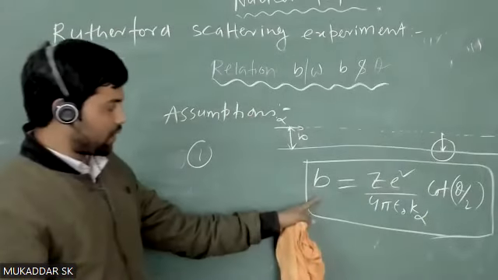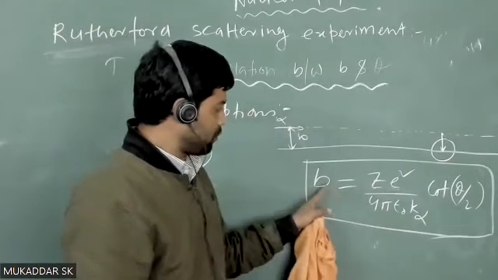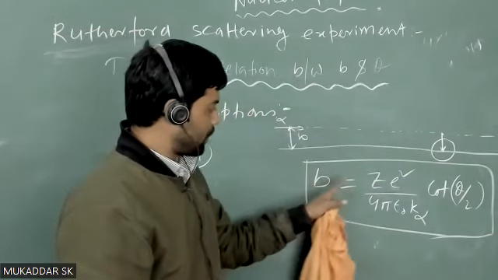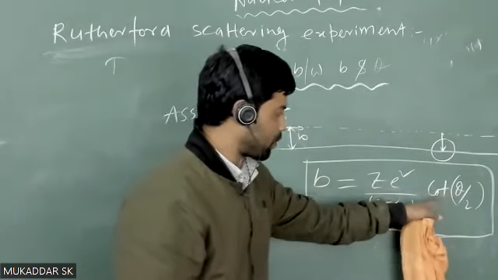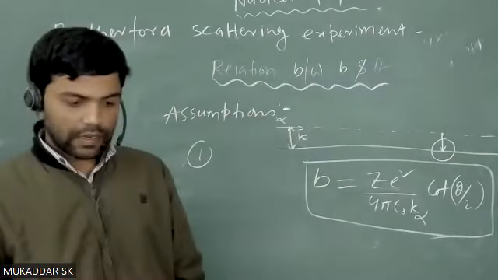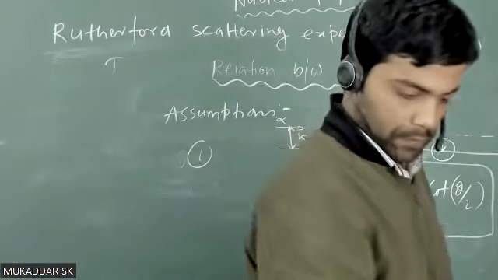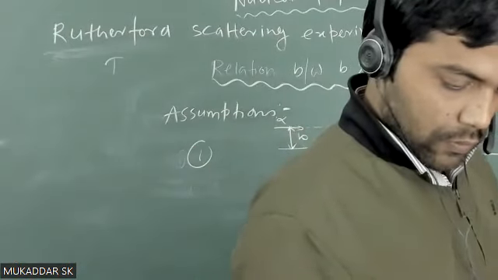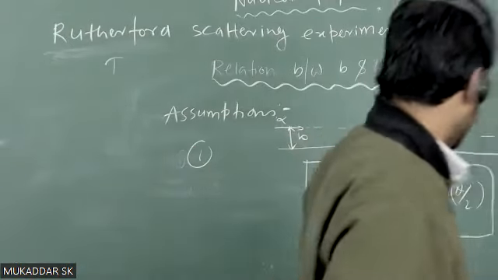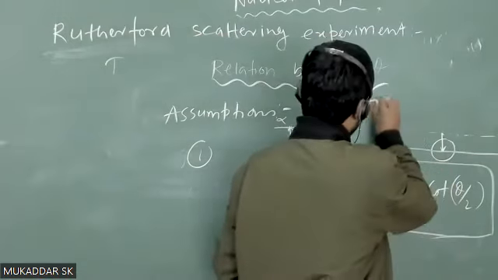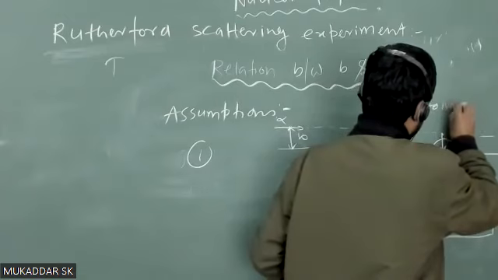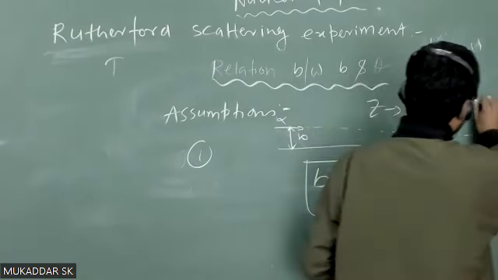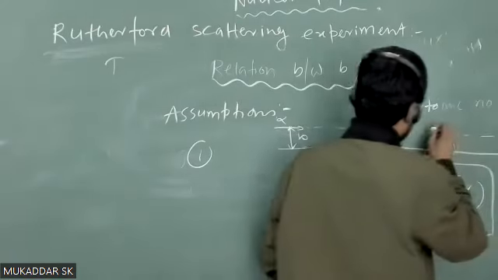B is the impact parameter. And what is Z here? Atomic number of target nucleus.